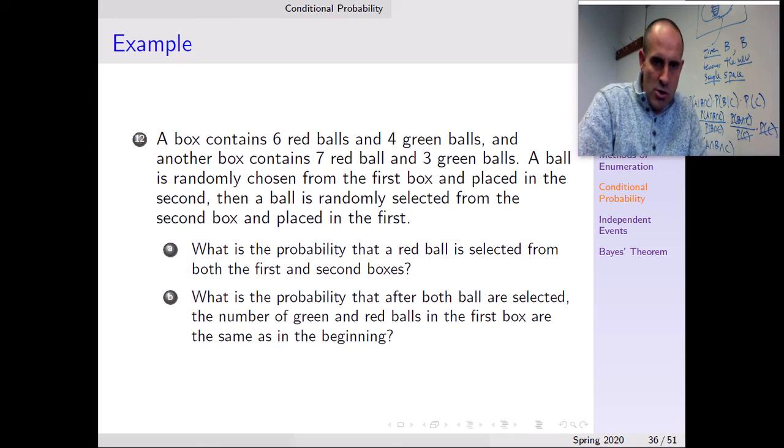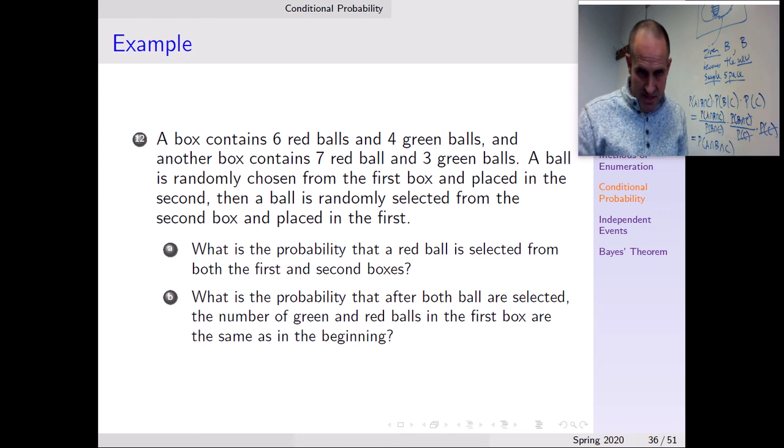A ball is chosen randomly from the first box and placed in the second. Then a ball is randomly selected from the second and placed in the first. What is the probability that a red ball is selected from both the first and the second box?